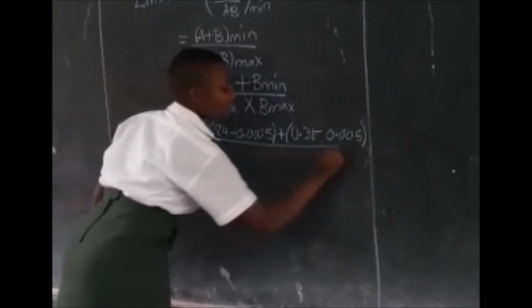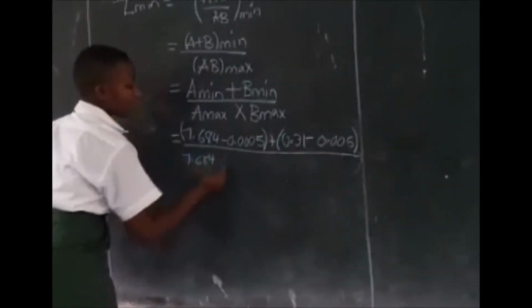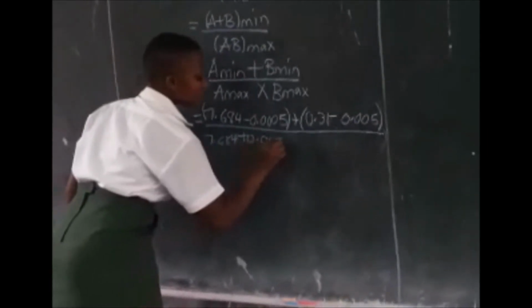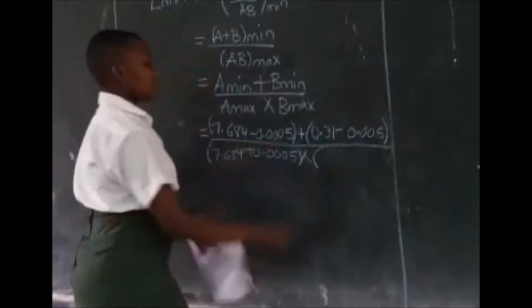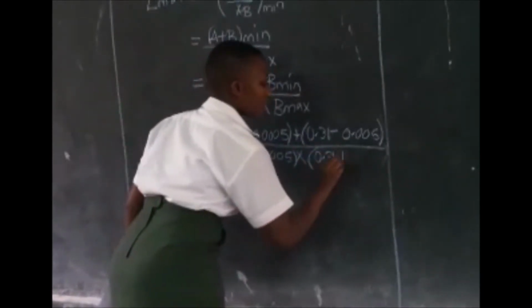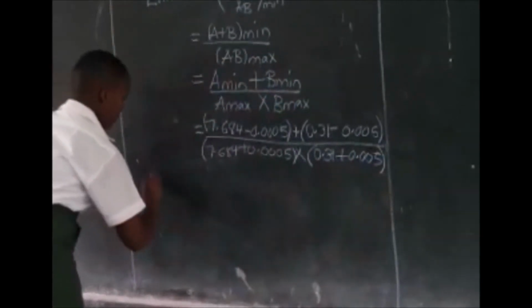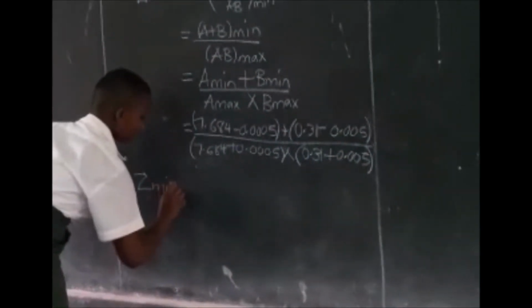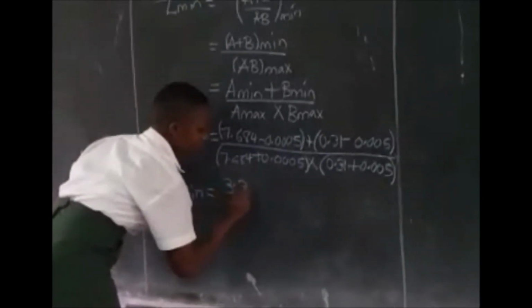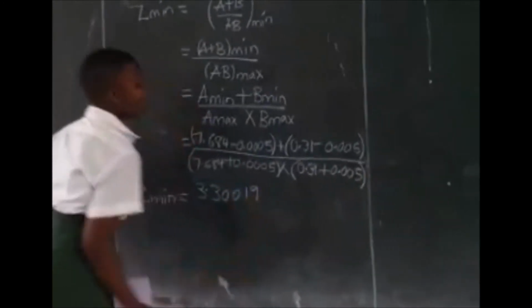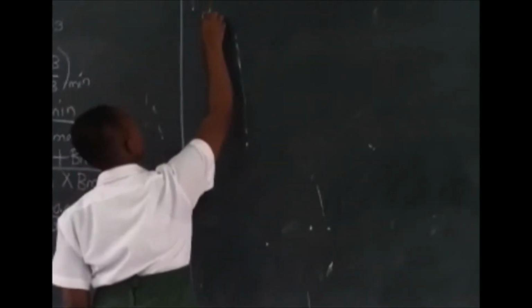Then out of A max, which is the actual value of A, which is 7.684, plus the error in A, multiplied by the B max, which is the actual value of B plus the error in B, which is 0.005. So our value for Z min is going to be 3.30019. After finding the value of Z min, we are going to find the absolute error.